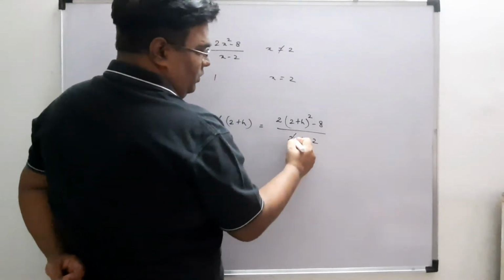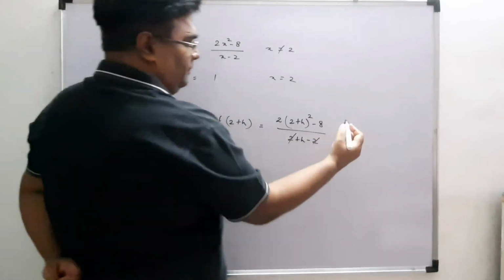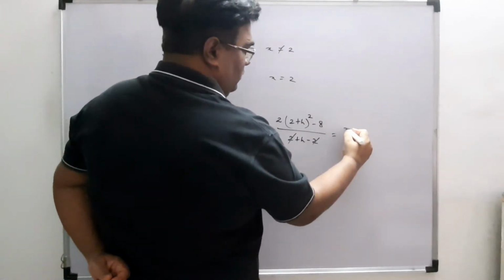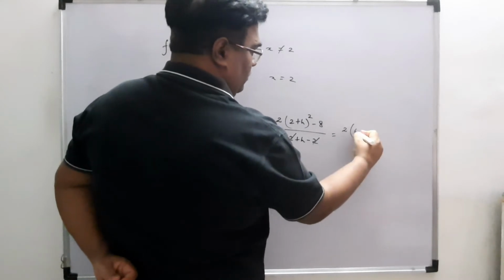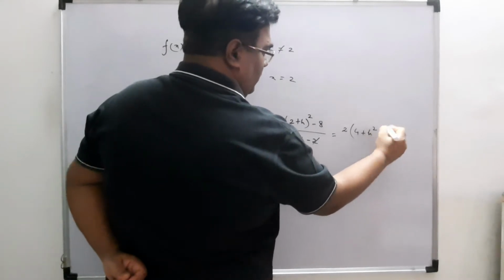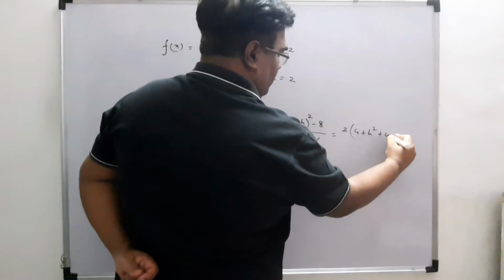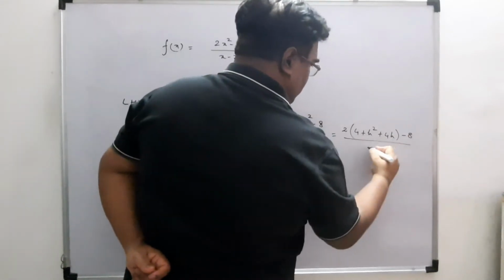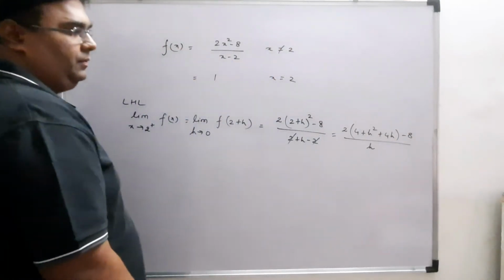This way the common factor will get cancelled, and it will be like (4h² + 4h - 8)/h.